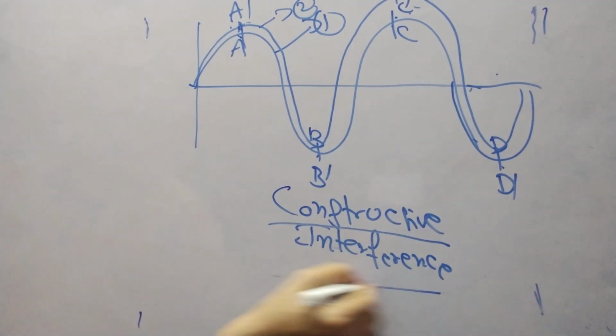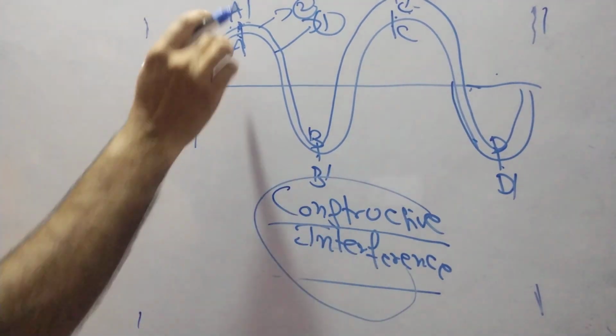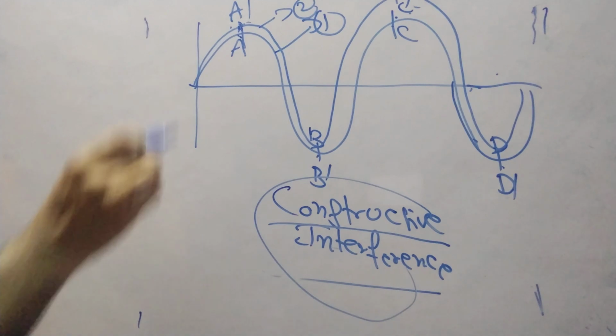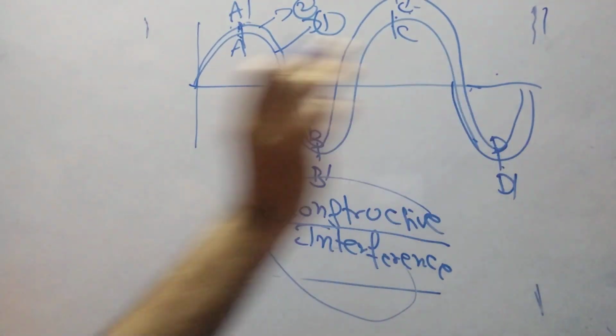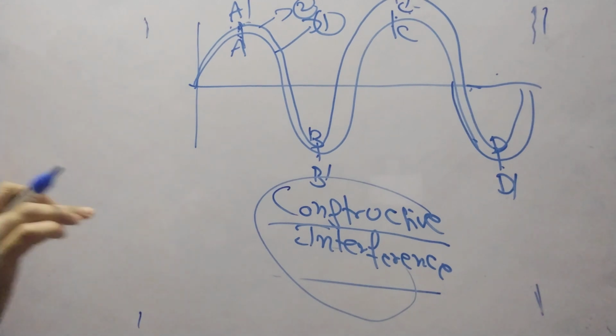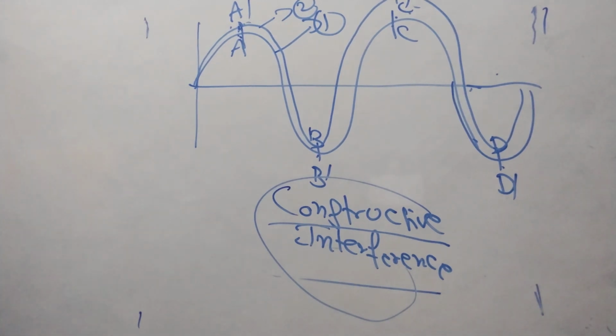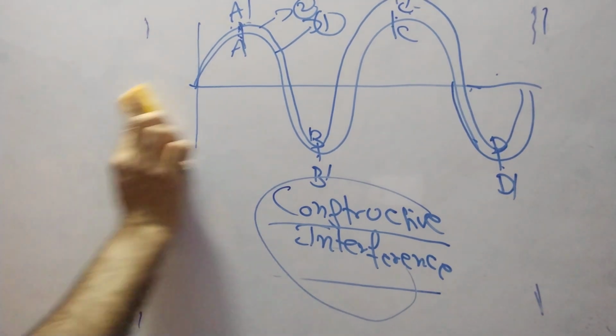So a very simple definition of constructive interference is that we superimpose two waves such that crests and troughs are attached.